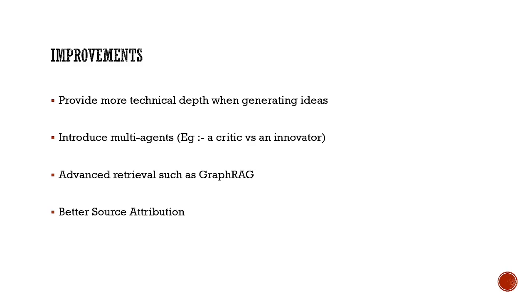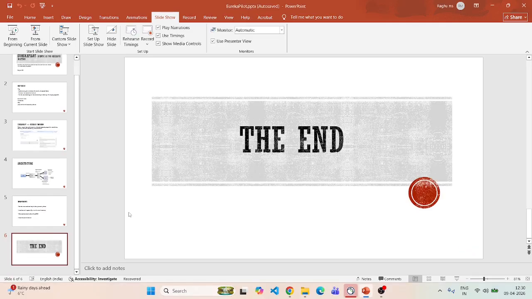We could also make use of different retrieval techniques, one of which is GraphRAG. Right now the retrieval strategy used is vector-based retrieval, so it is not the most efficient in terms of the analysis. The other improvement is to also add source attribution. So that's it, and thank you.